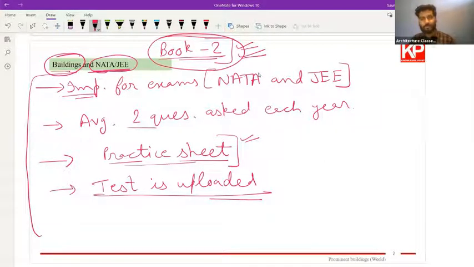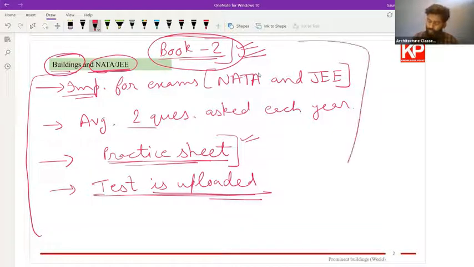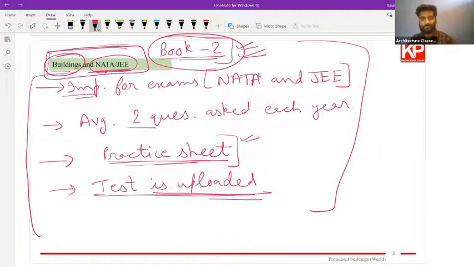Try to read and understand that. If you have any query, directly contact me. At any time, you can just message. After that, solve the practice sheet and then attempt this test. If you follow this procedure, you can feel comfortable about this subject and attempt any question that would be asked in the exam.